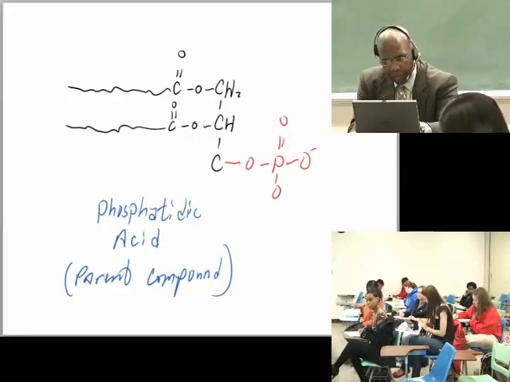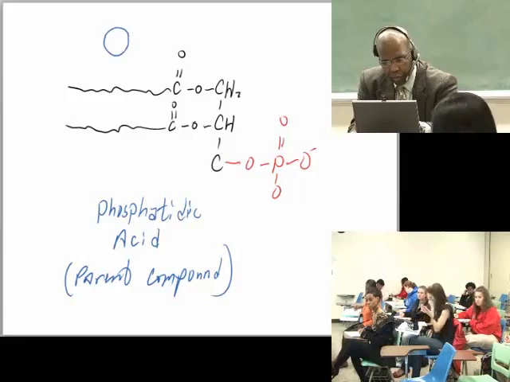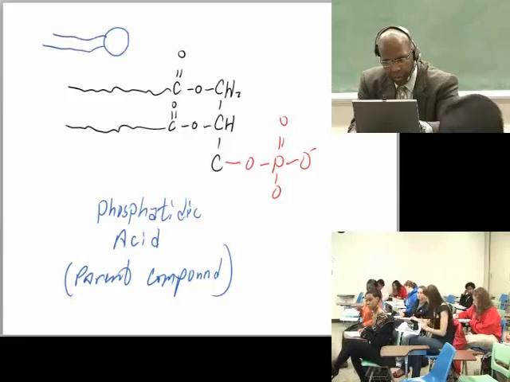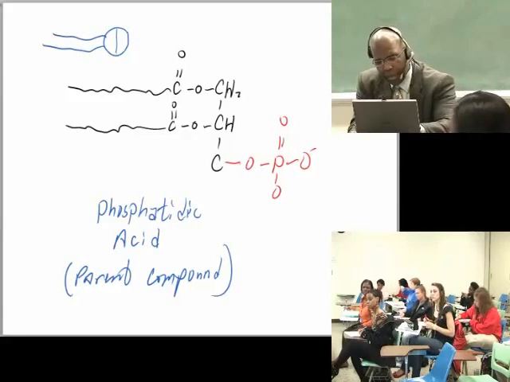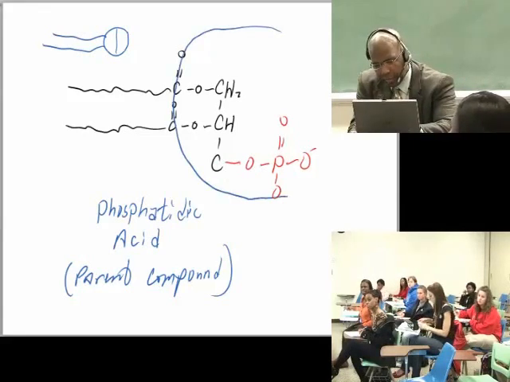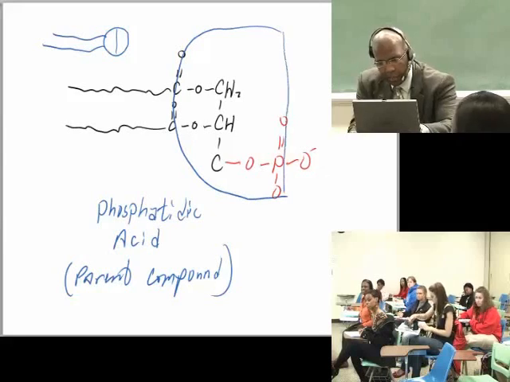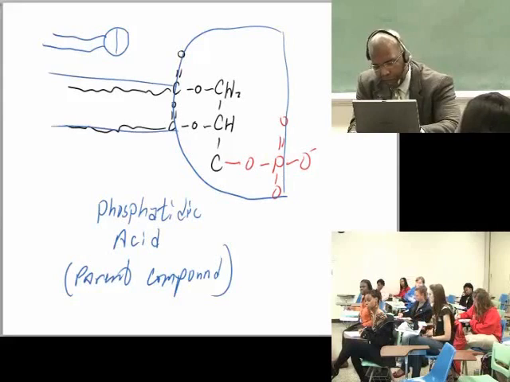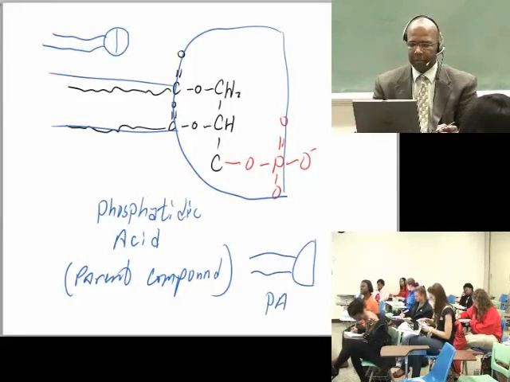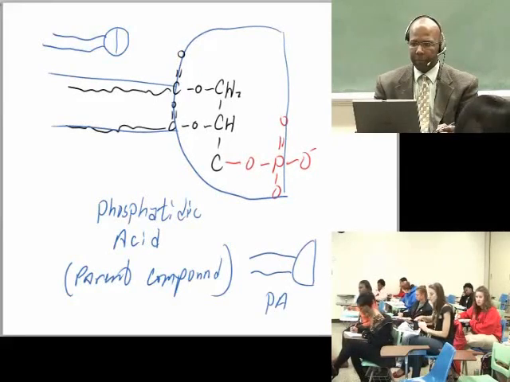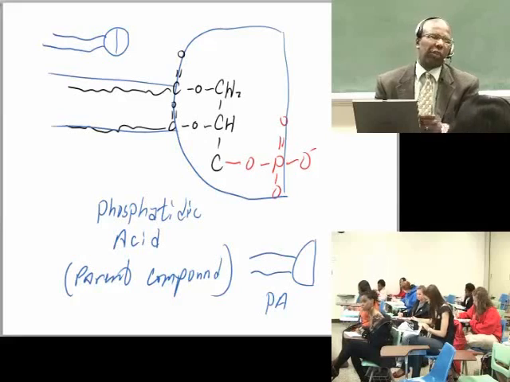Now, I'm going to do something here. Since all phospholipids have a generic structure that looks like this, that's usually how phospholipids are drawn, a circle, like a lollipop with 2 sticks. I'm going to draw all of our phospholipids like this. I'm going to have this part, and then these would be our 2 tails. If I draw this here, this is going to represent phosphatidic acid. That way we won't have to draw this every time.